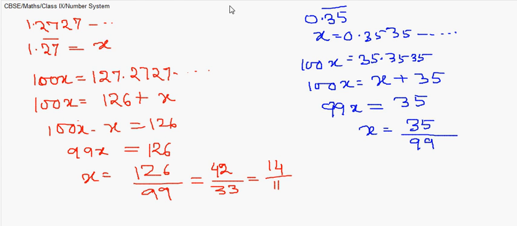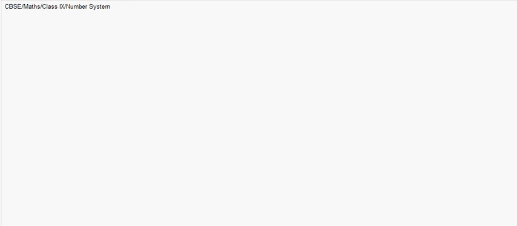Now next comes where you have three digits getting repeated. There are two types of representation even in the three-digit repetition.